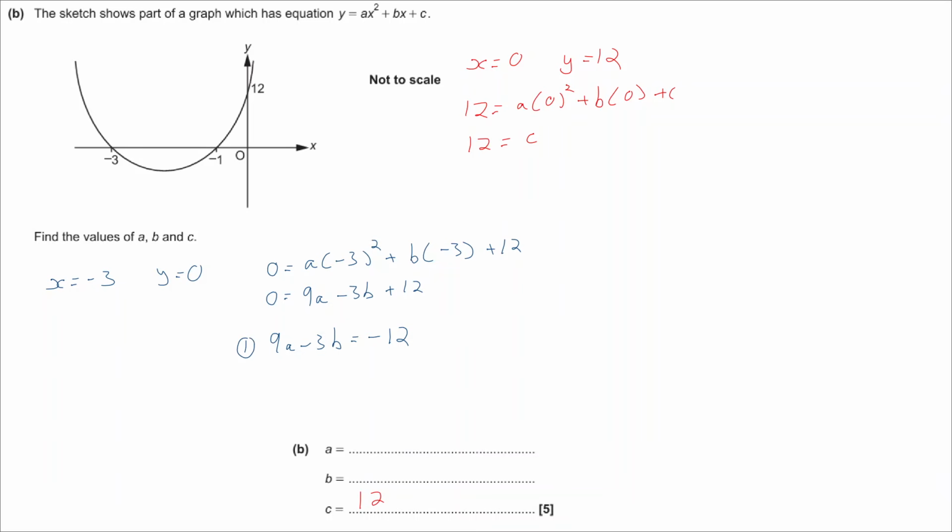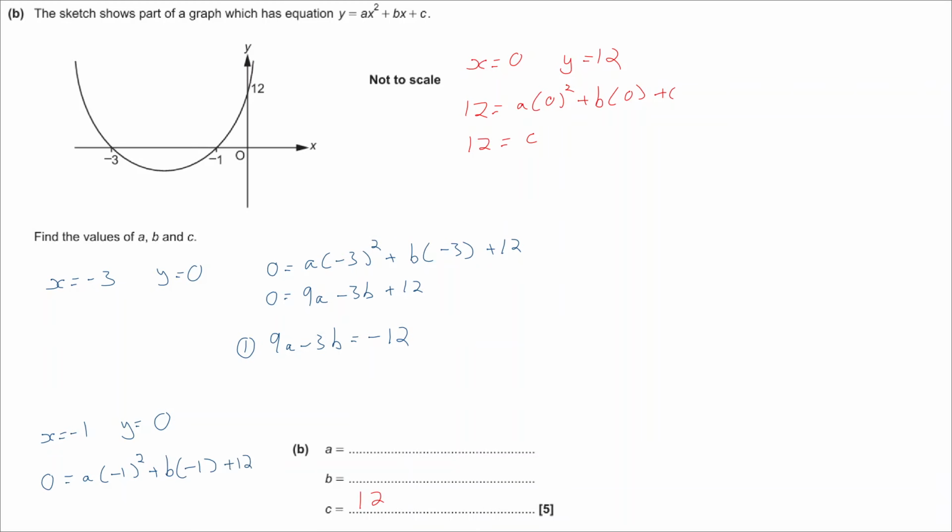Let's do a similar thing now with x being equal to negative 1, because we know now when x is equal to minus 1, the y value again is going to be equal to 0. And putting these values of x minus 1 and y equals 0 into the equation up here, you're going to be getting y, which is 0, is equal to a times x, which is minus 1, so minus 1 squared, plus b times x, which is negative 1, and c is 12.